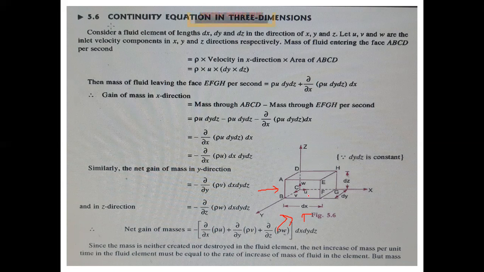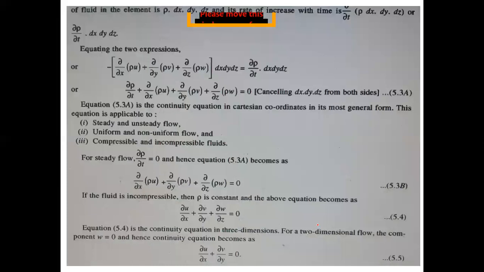Based on these, we calculated the x, y, and z formulas. Now, with those, we will start the problems in one-dimensional, two-dimensional, and three-dimensional flows.